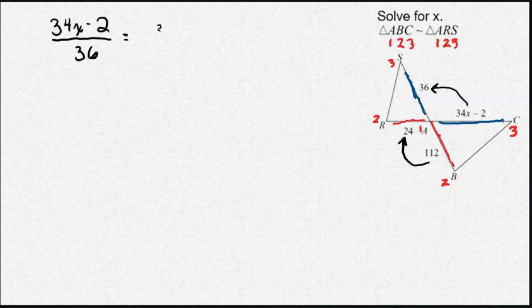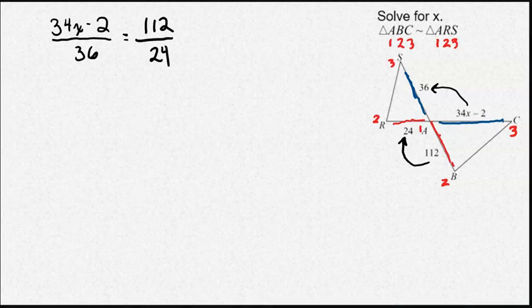Be careful not to swap or flip the proportion. If you do so, you will get the problem wrong. So let's take a look at the left side first. I noticed that everything is reducible by 2. So I'm going to do that.